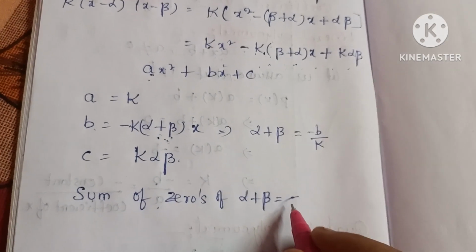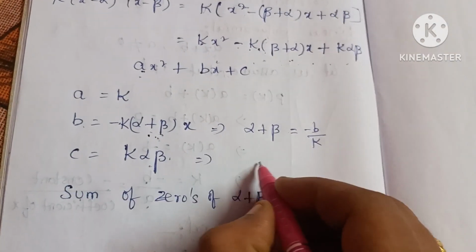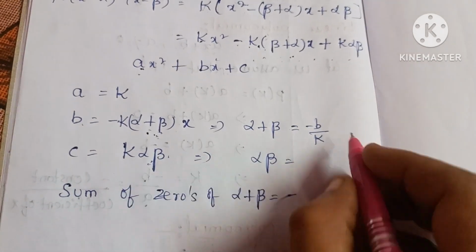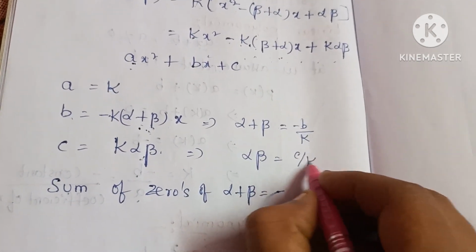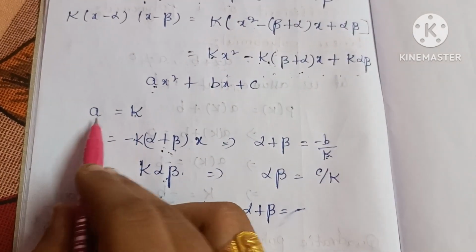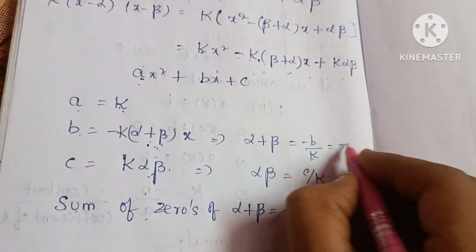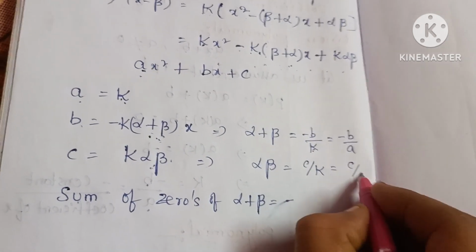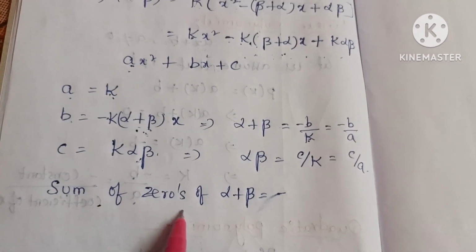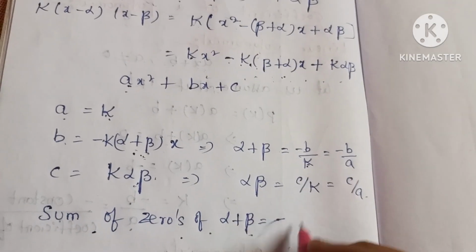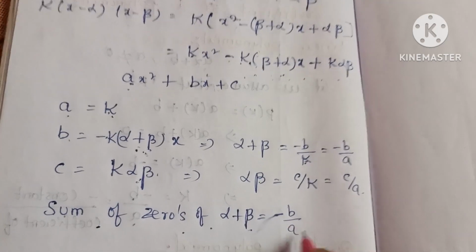Yes or no? Yes. How to write alpha beta? Alpha beta equals c by k. What is k here? k means a only. So alpha plus beta equals minus b by a, and alpha beta equals c by a. Now the sum of the zeros, alpha plus beta, equals minus b by a.